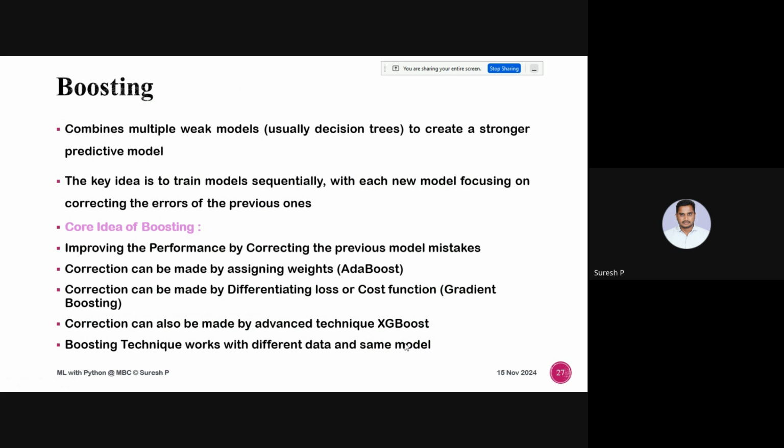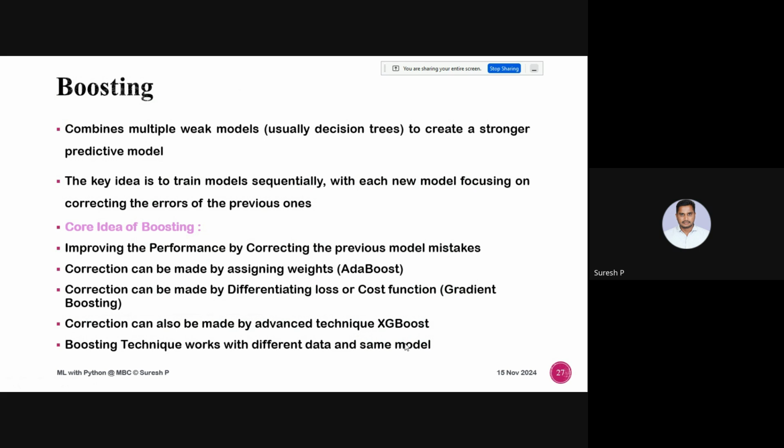The correction can also be made by differentiating the loss or cost function. That is the concept of gradient boosting, because we have different boosting algorithms. If the correction is made by assigning weights, that is the AdaBoost algorithm. If the correction is made by differentiating the loss or cost function, it is the gradient boost algorithm. The correction can also be made by an advanced technique called the XGBoost algorithm.